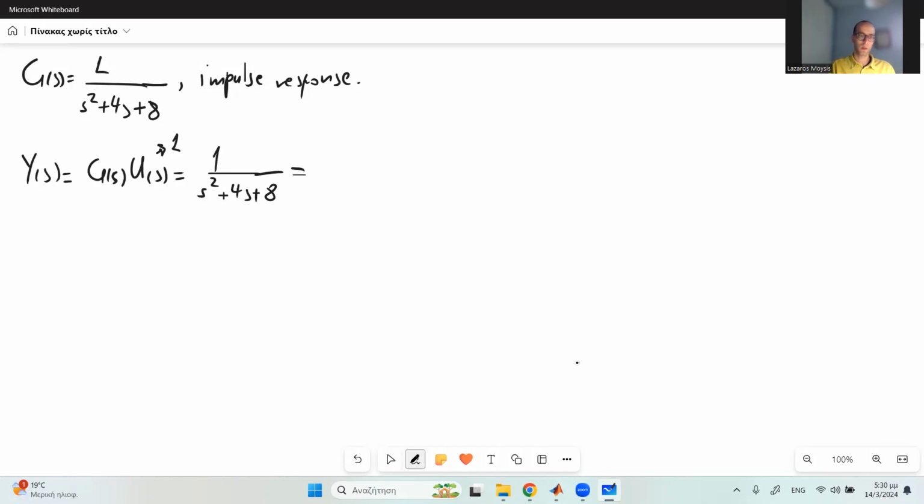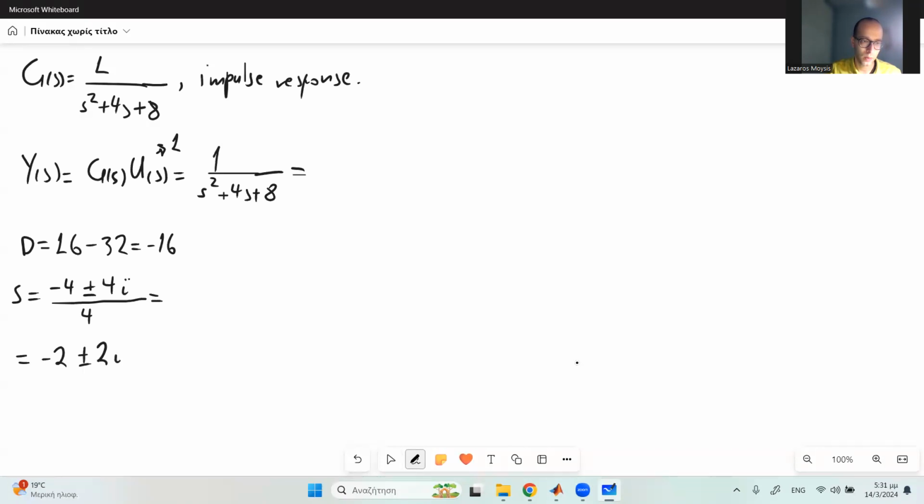We need to break this down into individual fractions, so let's compute the roots. The discriminant is 16 minus 4 times 8, which is minus 16. So the roots are minus 4 plus or minus 4i over 2, which is equal to minus 2 plus or minus 2i.